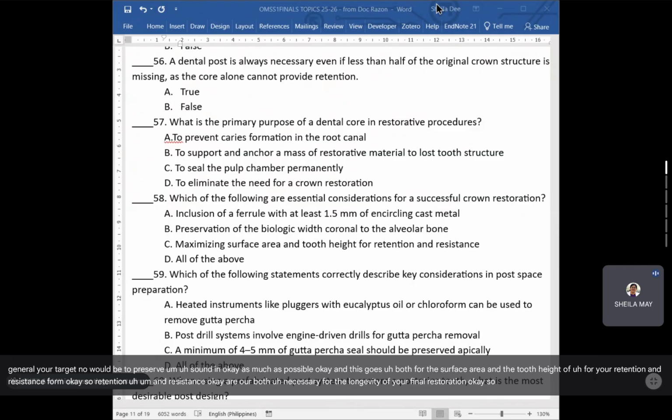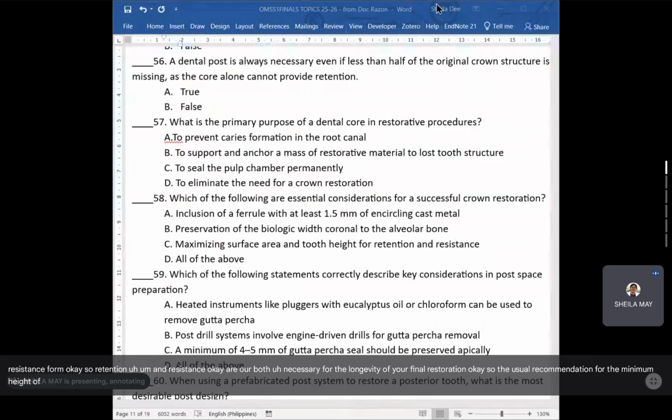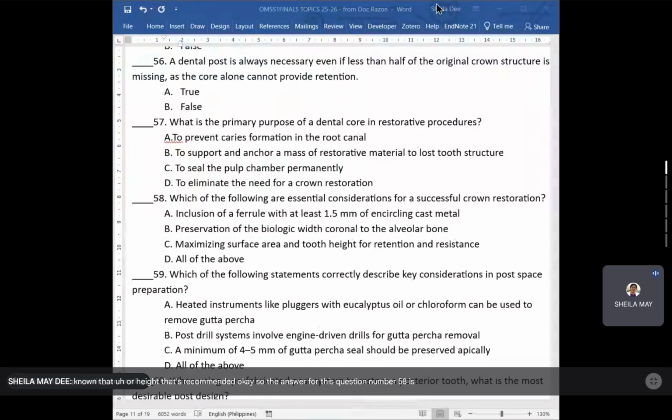So the usual recommendation for the minimum height of the shortest wall of your crown prep should be 3 mm. Of course, some references would say other things, but that's the usual height that's recommended. So the answer for this question, number 58, is letter D. Okay. So these are all important.